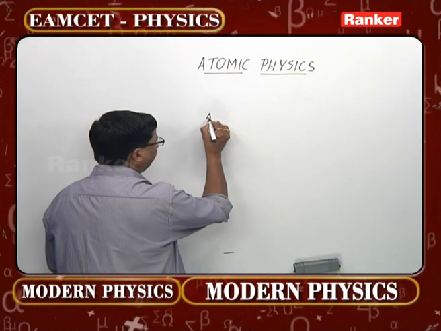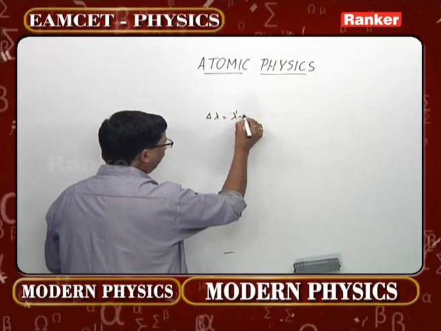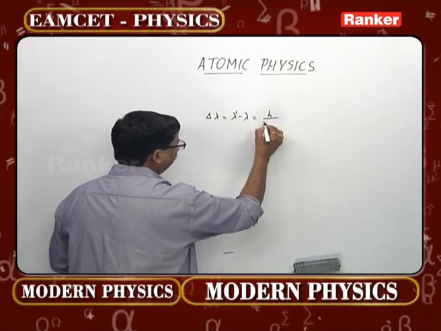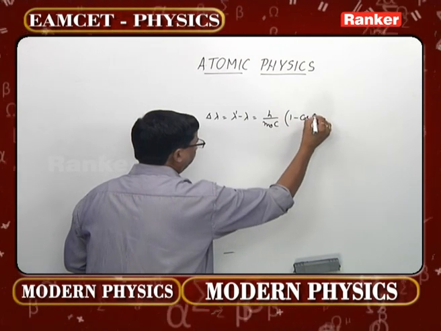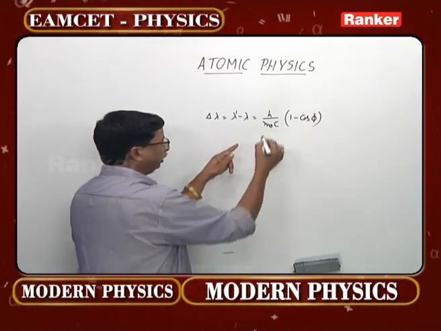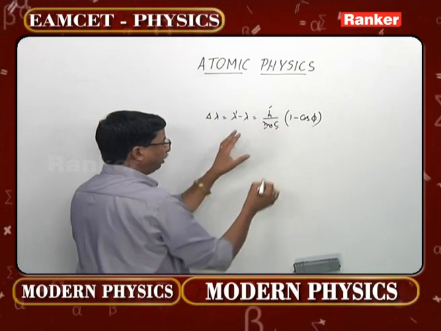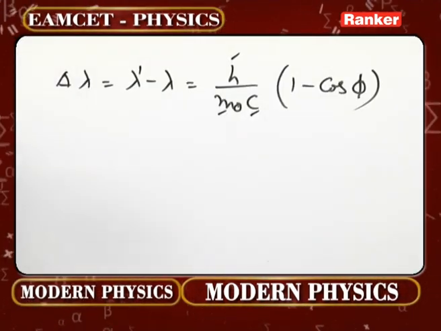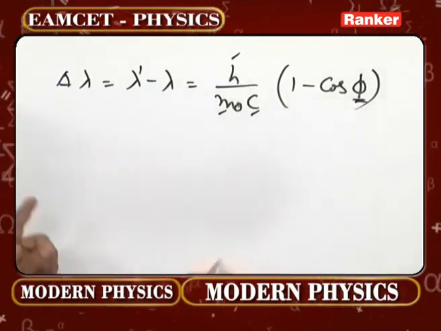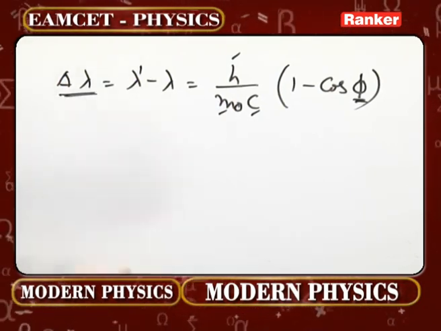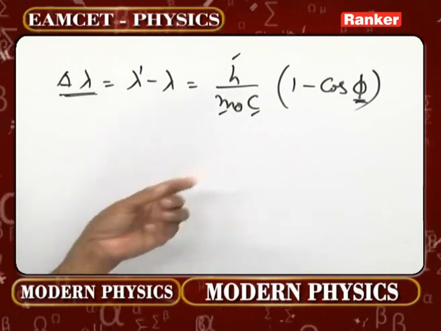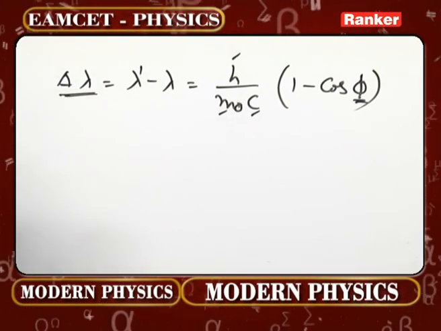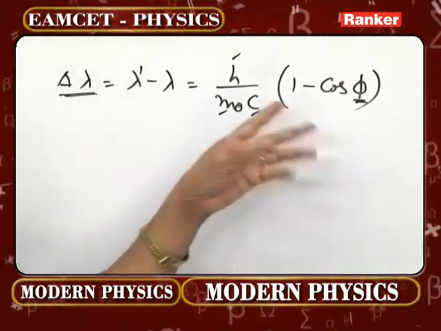Compton wavelength shift, delta lambda, lambda dash minus lambda, is h by m0c into 1 minus cos phi. Observe carefully: h, m0, c, all three are constants. Excepting phi, delta lambda does not depend on anything else. Remember carefully, in this equation there is no atomic number term at all. There is no Z term at all.